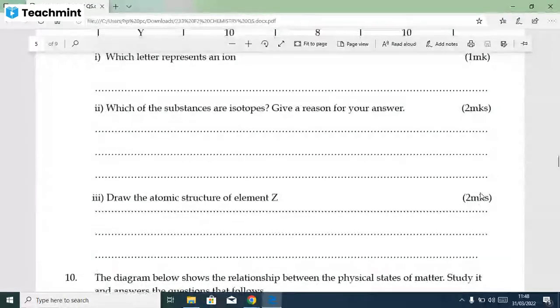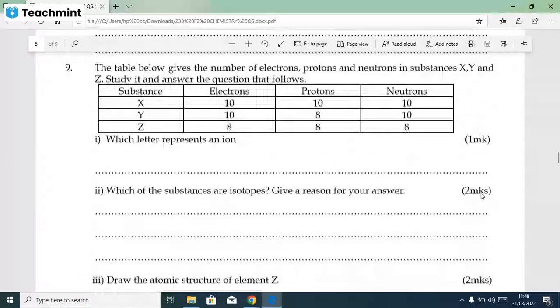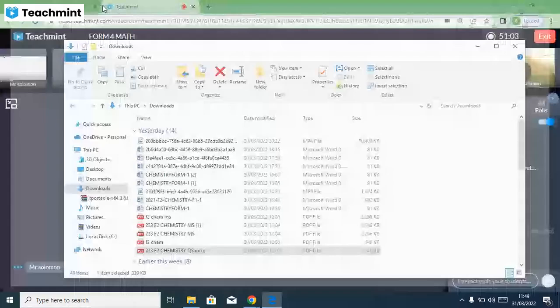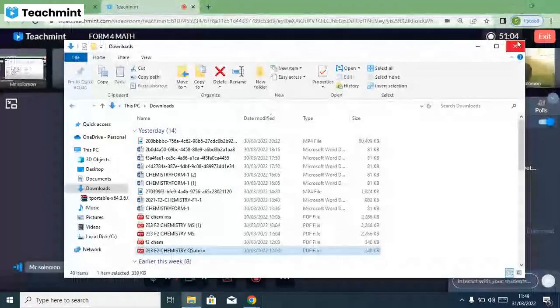Draw the atomic structure of element Z. Nataka tuchore pamoja just to remind ourselves. Atomic structure 888.